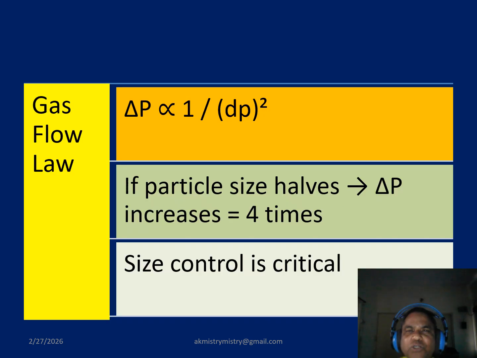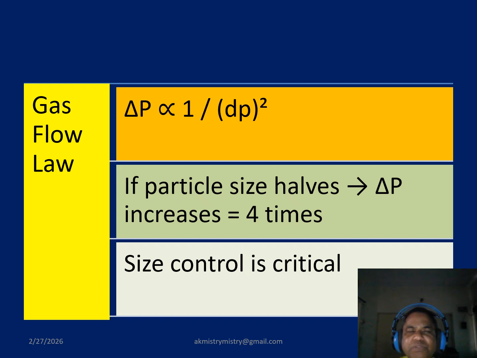The key to a stable furnace is uniform particle size. When the materials are consistent in size, the gas flow remains predictable and the furnace operation stays smooth. Then we can see that the pressure drop is stable, and the volume acceptance of the furnace is stable over the shifts.